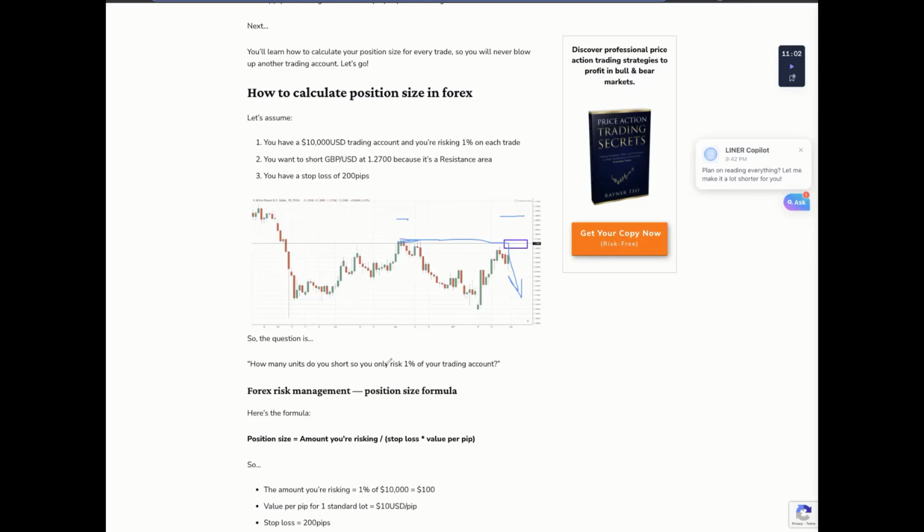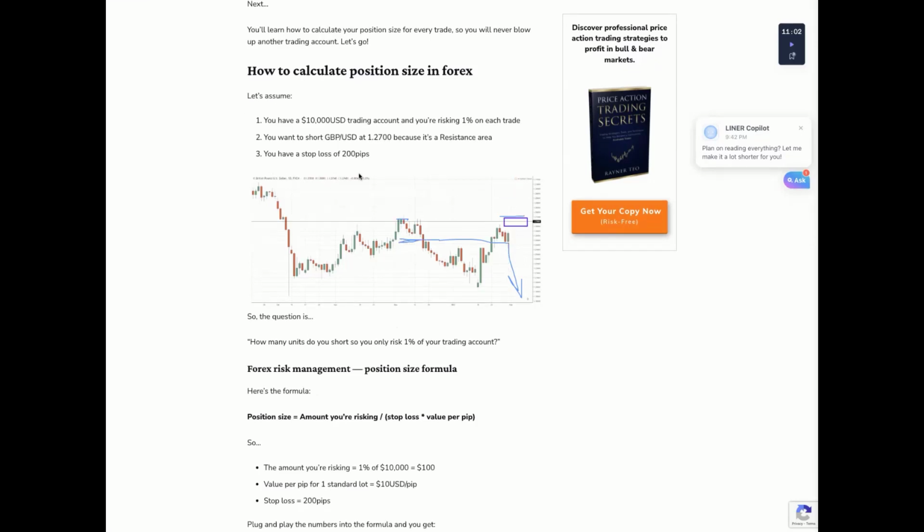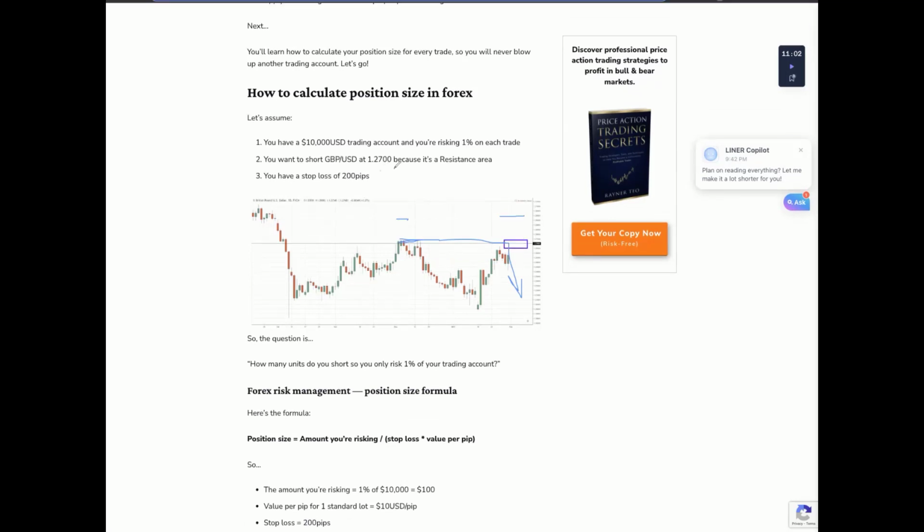Imagine you are shorting with 1.0, but then your stop loss moves from 200 pips to maybe 10 pips close to your entry level.